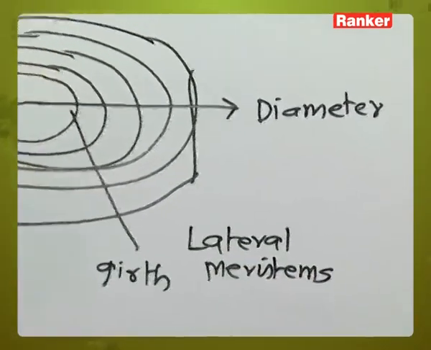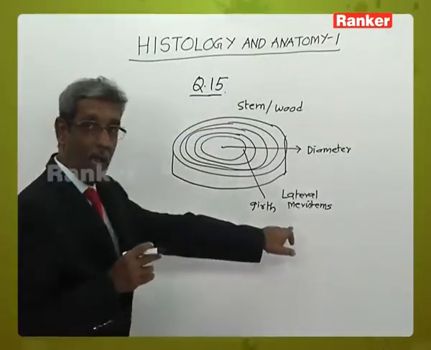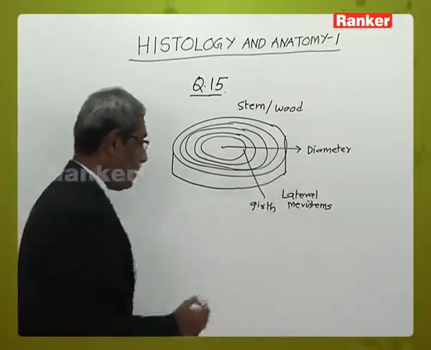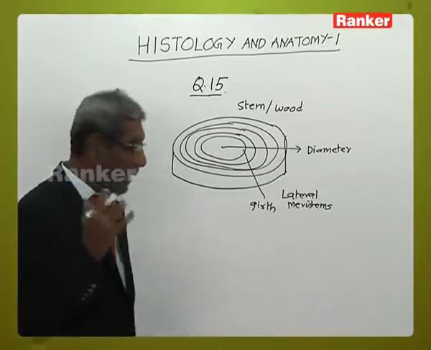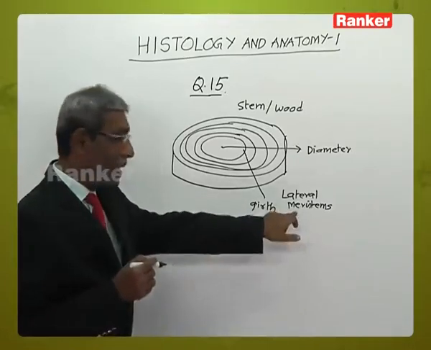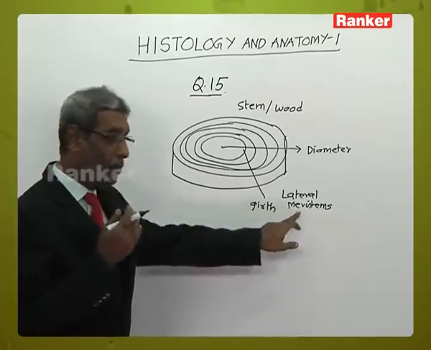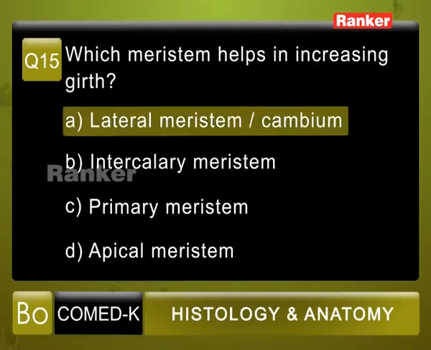So all the lateral meristems which are present at the sides are responsible for the increase in girth or diameter of a particular stem. Hence, the lateral meristems are responsible for the formation of the sapwood and the heartwood. The right answer is A.